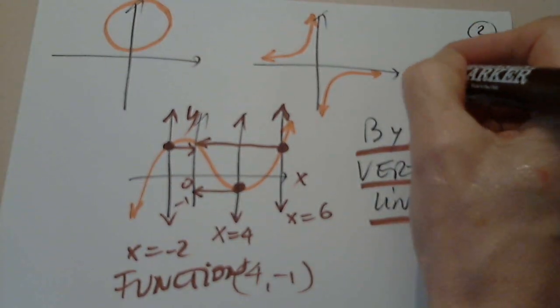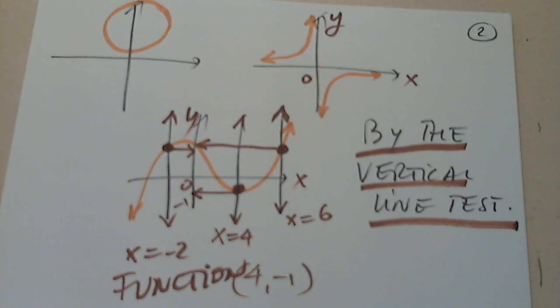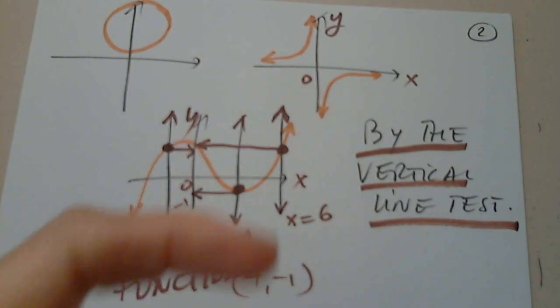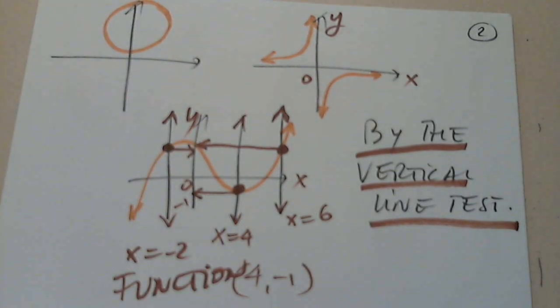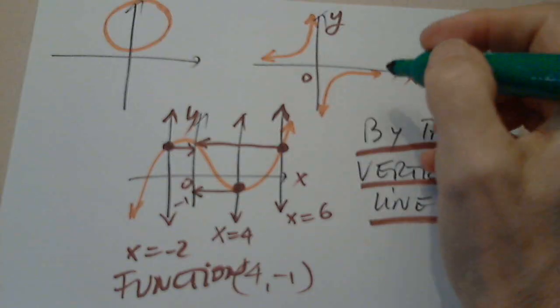In graph number 2, can anyone let us know whether, by the vertical line test, it corresponds to a function or not? Graph number 2, by the vertical line test, does it correspond to a function or not? Yes.